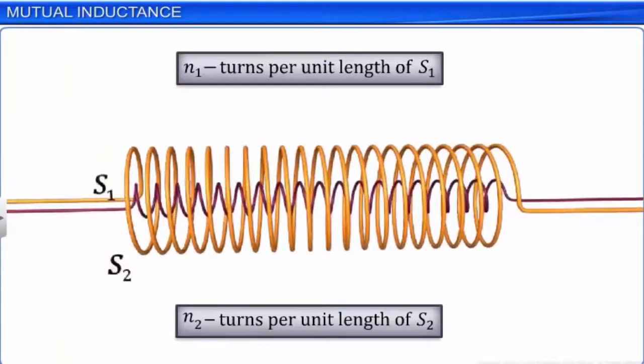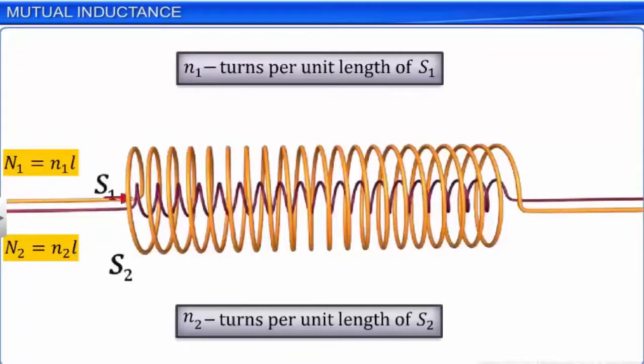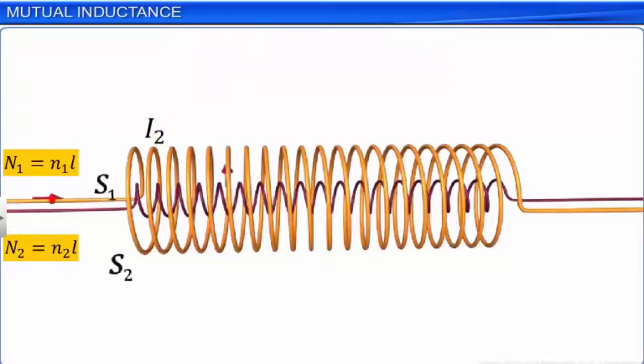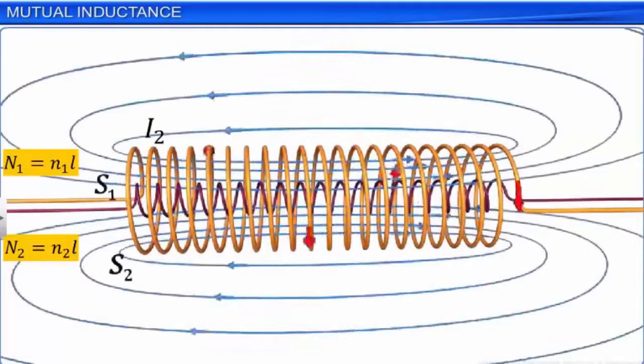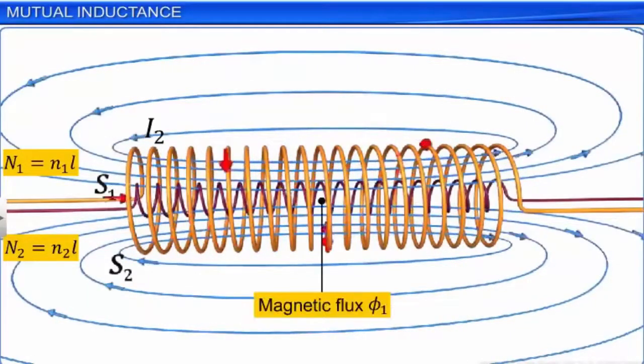Thus, we have N1 is equal to n1 L and N2 is equal to n2 L. When a current I2 is passed through the coil S2, a magnetic flux is set up within the coil and this flux is linked with the coil S1. Let us denote this magnetic flux by phi1.